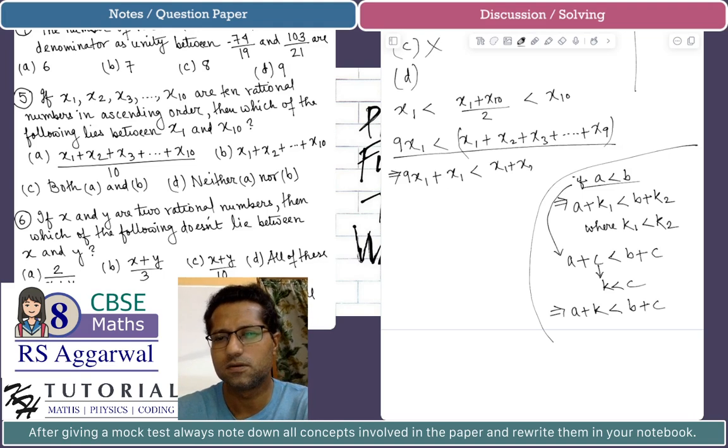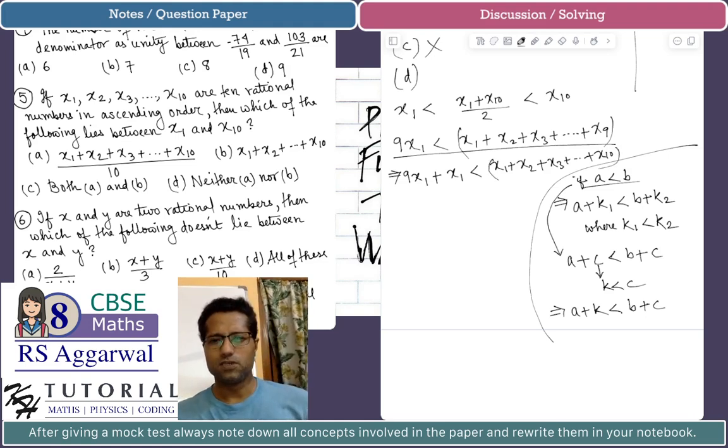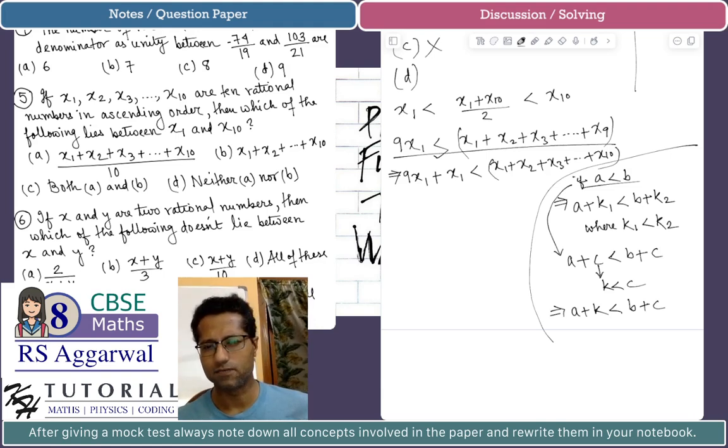So it becomes up to x10. From this inequality, where we have 9x1 less than x1 plus x2 plus x3 plus up to x9, I am adding to the left hand side x1 and I am adding x10 to the right hand side, where I know that x1 is less than x10.